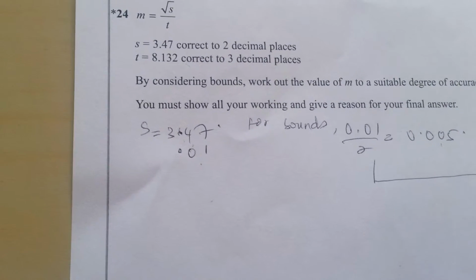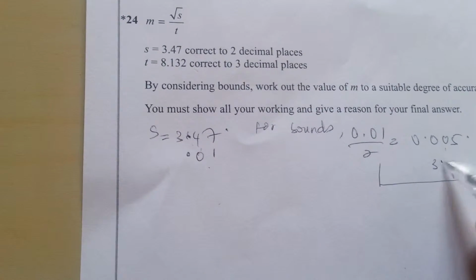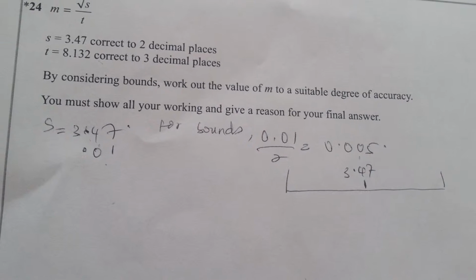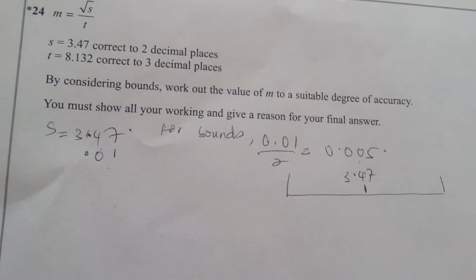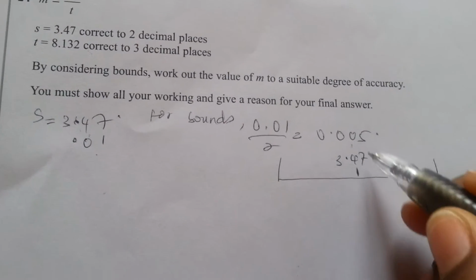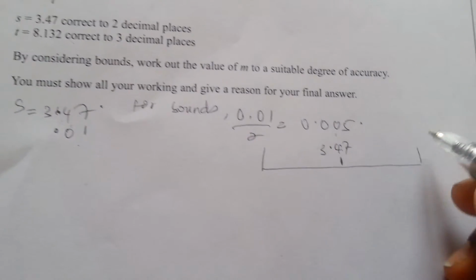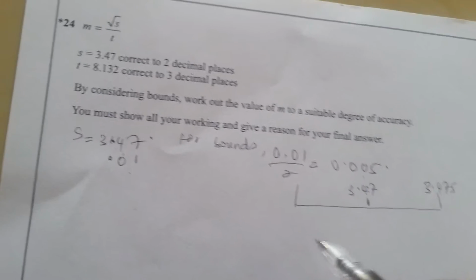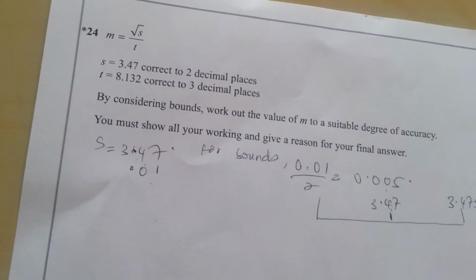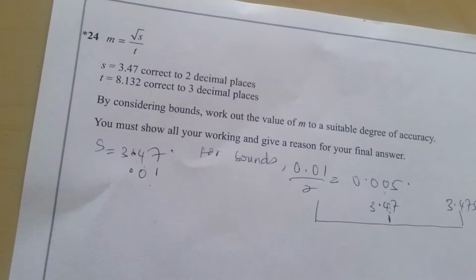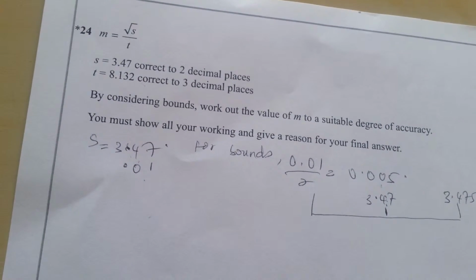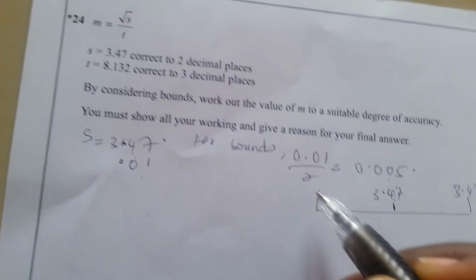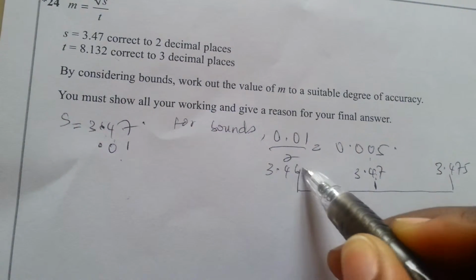So let's assume that you have something like this, and this is 3.47. The upper bound is going to be 3.47 plus 0.005, that's 3.475, and the lower bound is going to be, we'll take 0.005 from 3.47, so you're going to have 3.465.